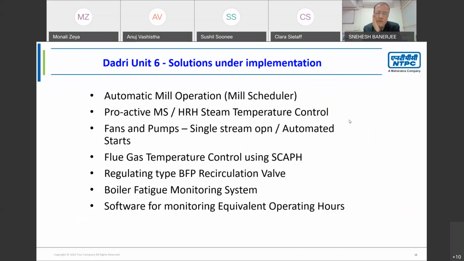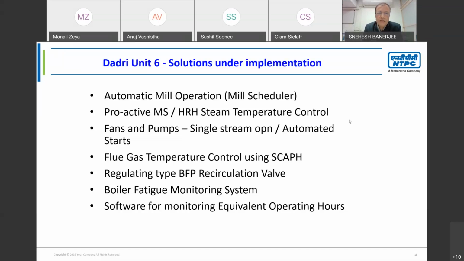Now on the part of implementation, we have two units where we are implementing these flexibilizations. In Dadri unit 6, 500 megawatt, we are implementing control and instrumentation solutions, the first phase solutions where the cost implications are not very high, such as BFP recirculation valves, some software related to condition monitoring equipment, and automation of fans, pumps, and milling systems.